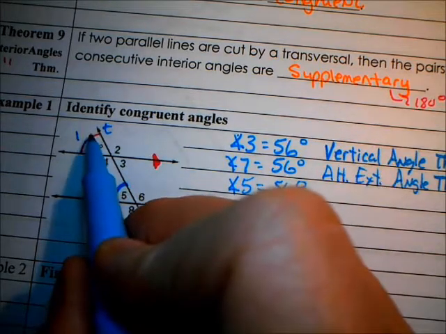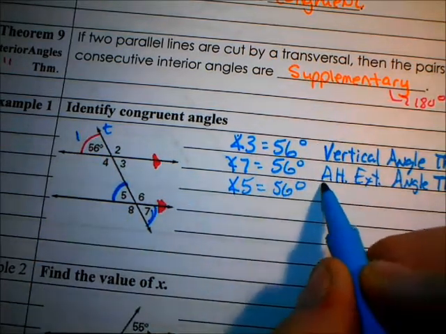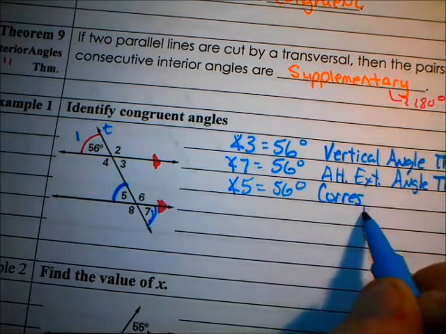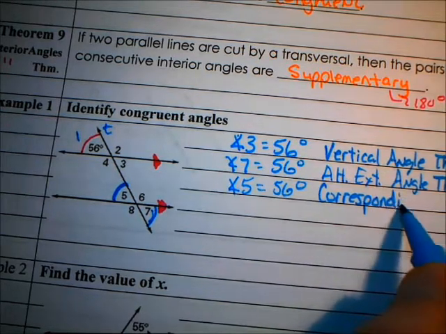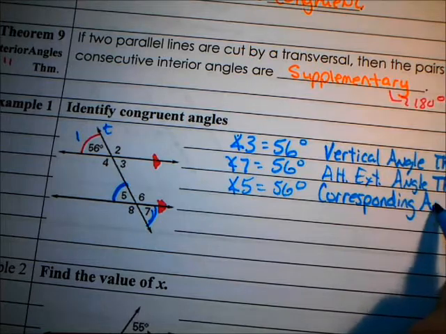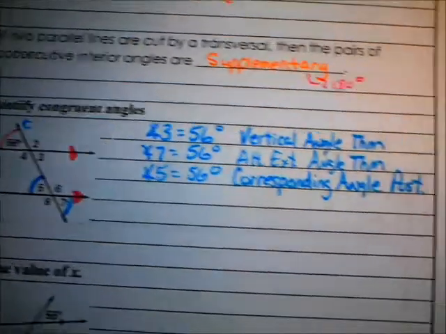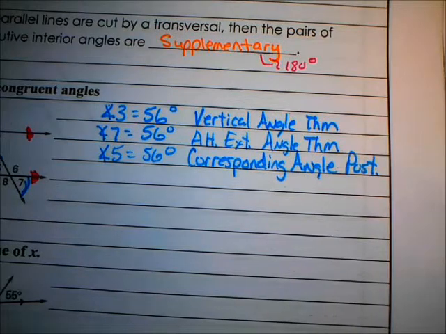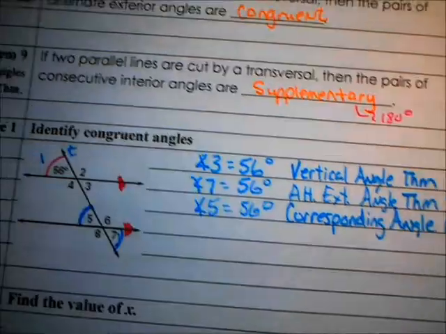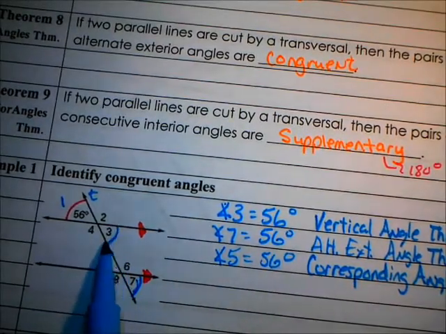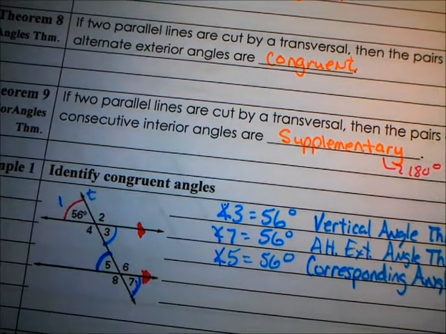They're both on the top left side. These are corresponding angles. Corresponding angles is always the postulate. So do not put a theorem with corresponding. It's always going to be the postulate. And is there any others? Nope, that's it.